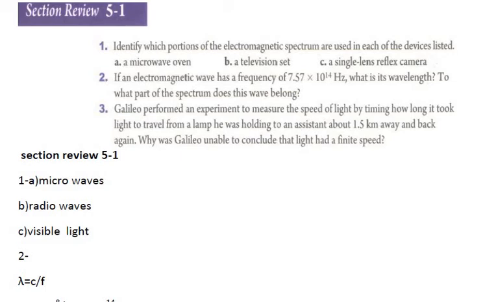The second question says, if an electromagnetic wave has a frequency of 7.57 times 10 to the power 14 Hertz, what is the wavelength? It says find lambda. To what part of the spectrum does this wavelength belong? We can see the answer here.